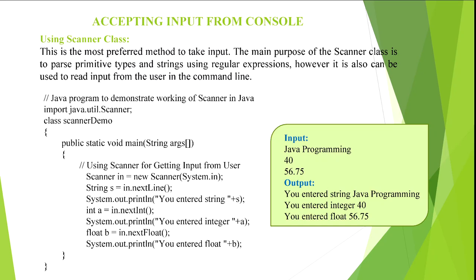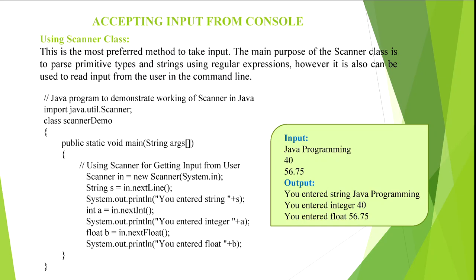See here on the right side, I have given the first input, a line of text, as Java programming, then the integer value as 40 and the float value as 56.75, and you will get the output as you entered string Java programming. In the program, System.out.println you entered string plus s means the message is printed as it is along with the given input, Java programming.